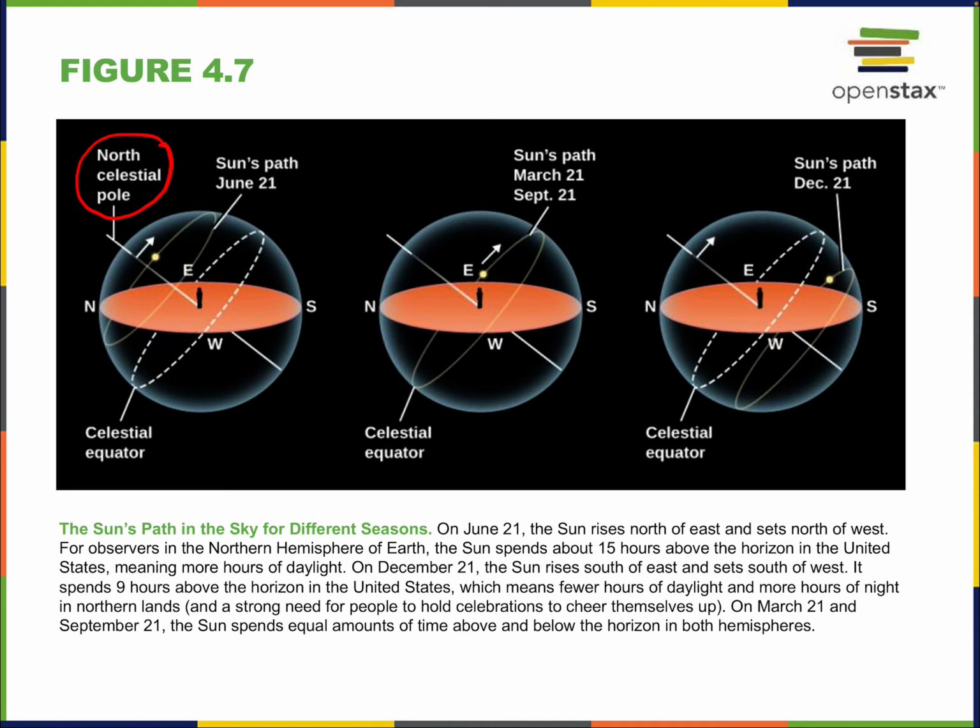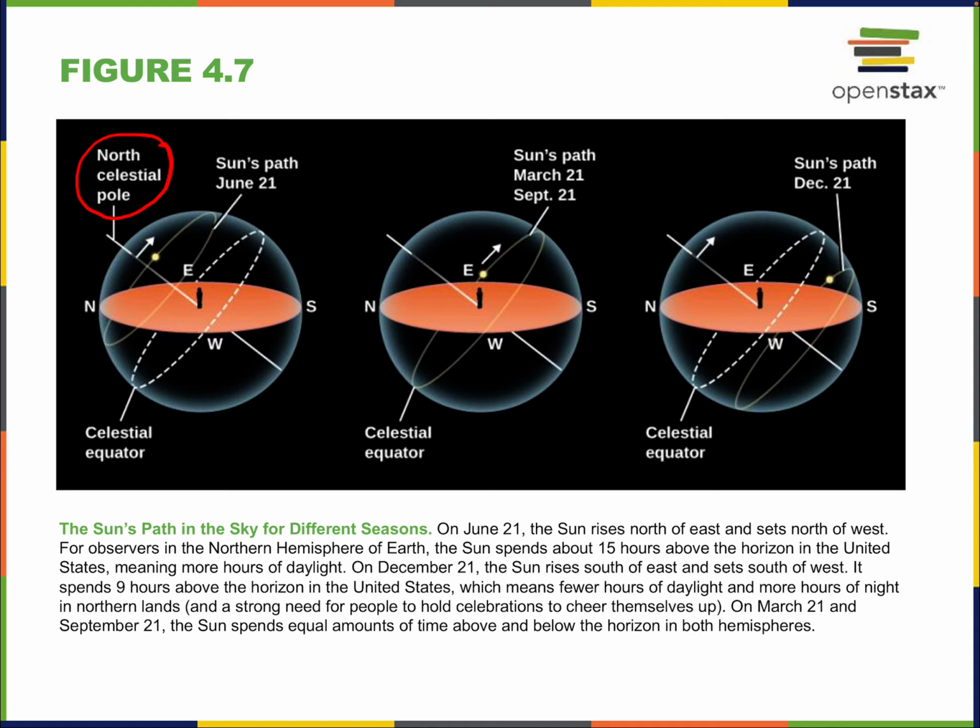So if we imagine the night sky as almost a painting on a sphere that's outside of the Earth, because that's the way it appears to us, then we can put coordinates on that celestial sphere that are the same as the coordinates that we have on the actual surface of the Earth, such as latitude and longitude and equator and poles. So we apply all that to tracking things in the sky.